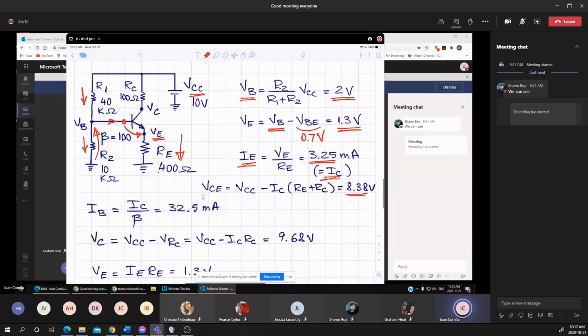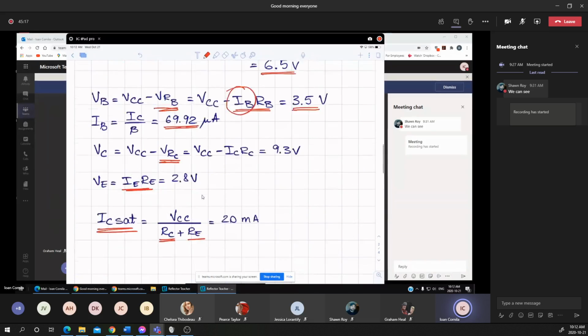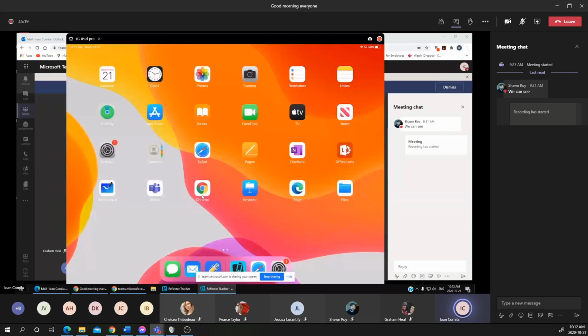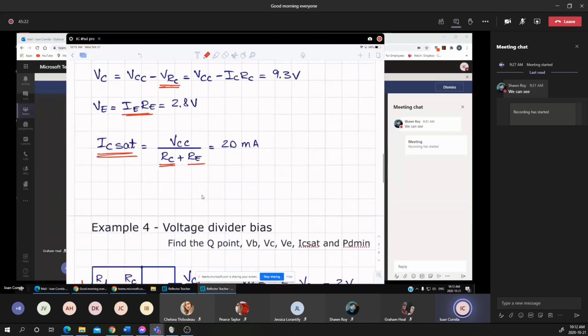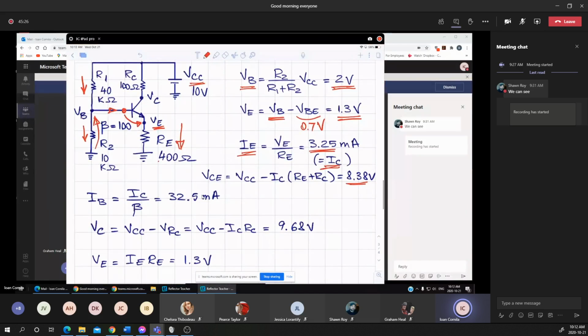Now, you notice the flow of this problem and the other problem. Once we know the IE, now we are going backwards to find what is the IB.